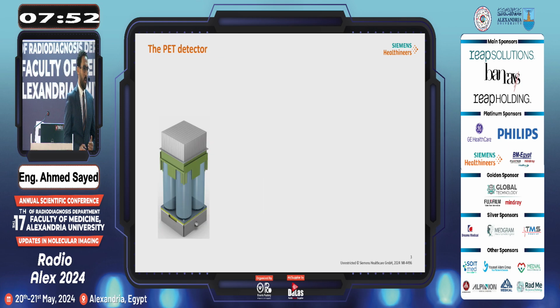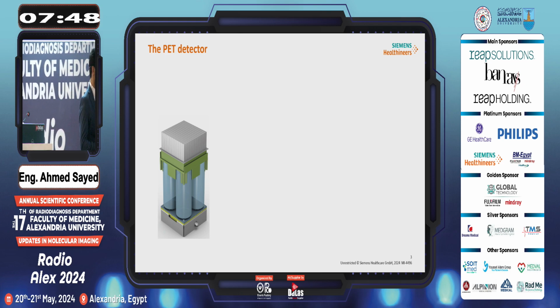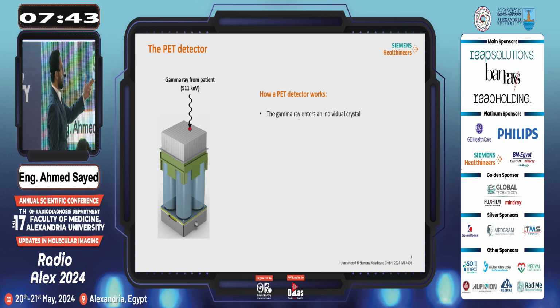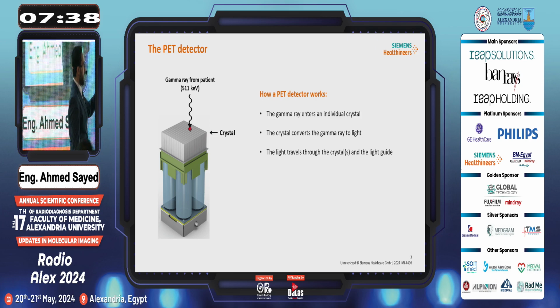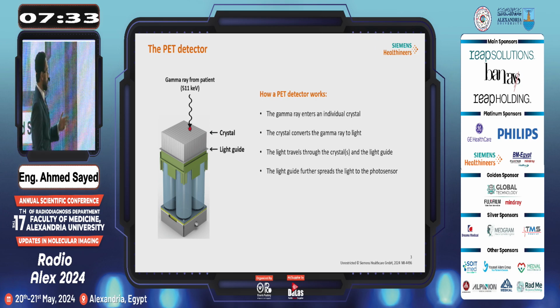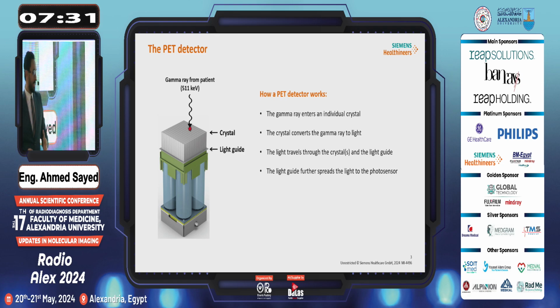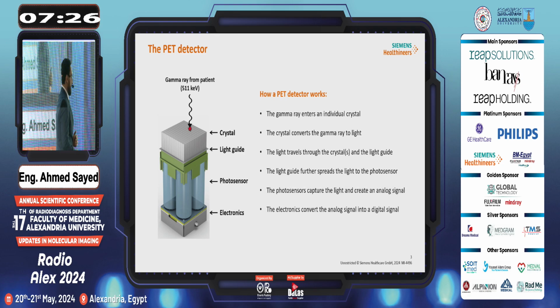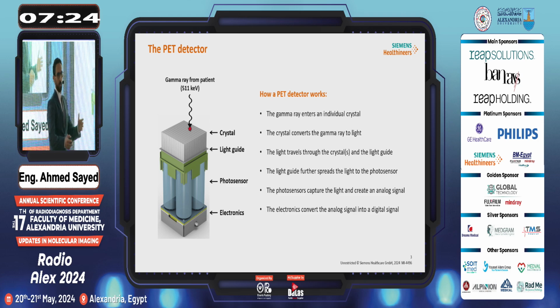In the beginning, all of us know the patient will be injected with FDG, and then gamma rays are emitted from the patient to hit the crystal, and the crystal converts the gamma rays to light photons, okay? Then the light photons will be converted into an electrical or analog signal with a photosensor. Then the analog signal will be transferred to an electronic board to generate a digital signal.